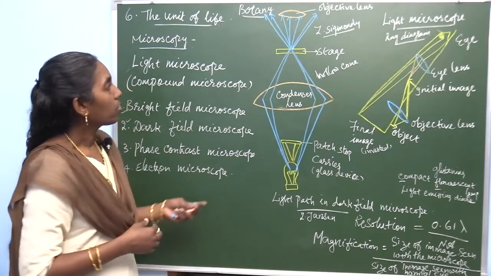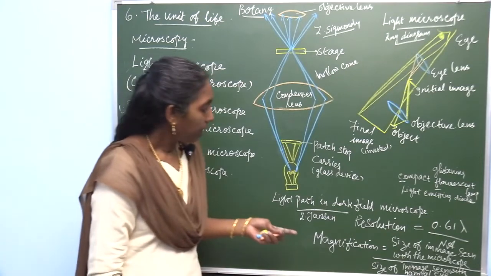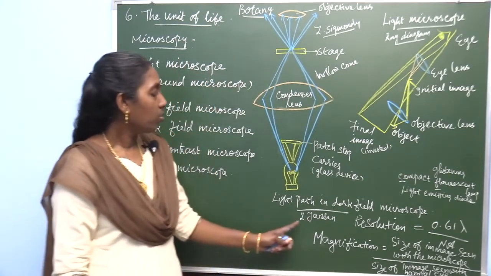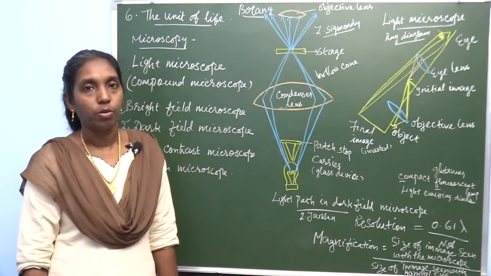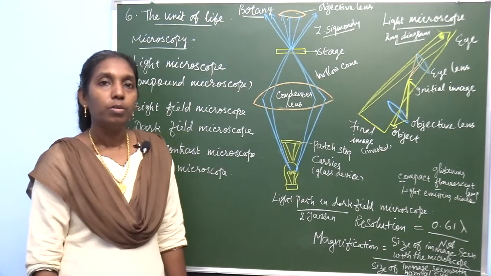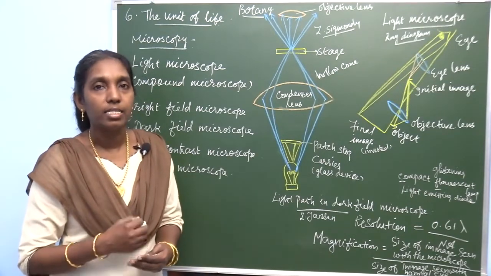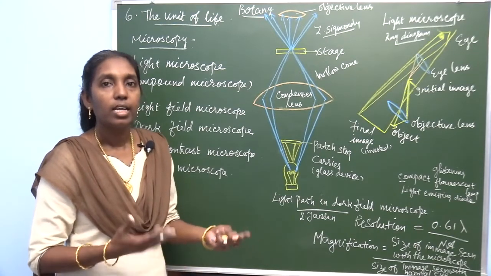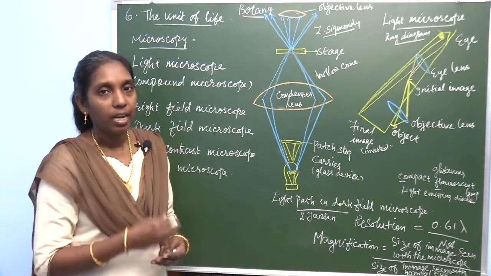The compound microscope or light microscope was invented by Janssen. It is a microscope which works with a number of lens systems, using the properties of the lens system and the light.